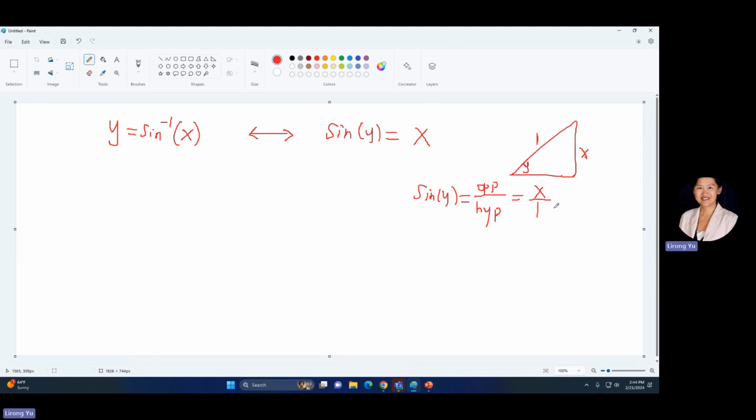I'm doing this because eventually I need to figure out a formula for the inverse trig derivative. So this is helpful to understand which one is the angle and which one is the length. This is a length 1, this is a length x, and this is the angle y. An angle is a relation between the initial side and terminal side.